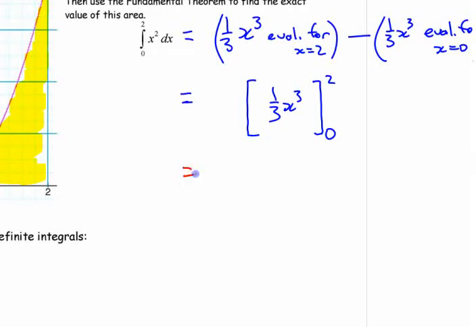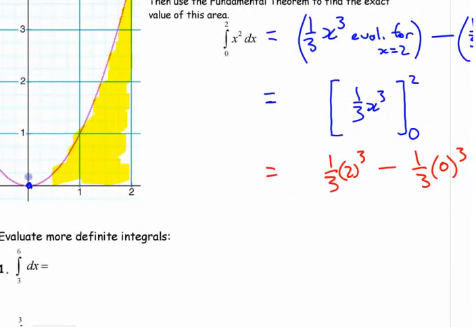So then whatever that is here, I don't need to see all your work for that, but you're welcome to do this if you want. It probably would help to do this here, seeing it's the first time we wrote it out. 2 cubed and then divide by 3, so 8/3 minus 0 cubed, which is 0. Connect it with the areas here.